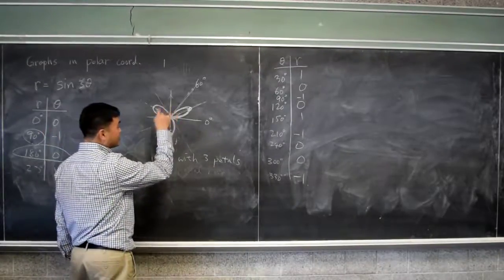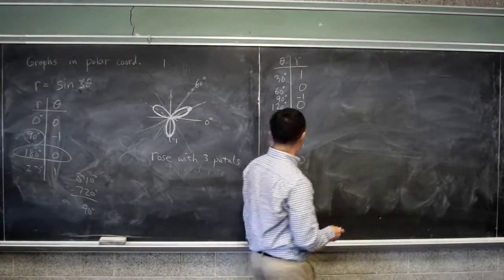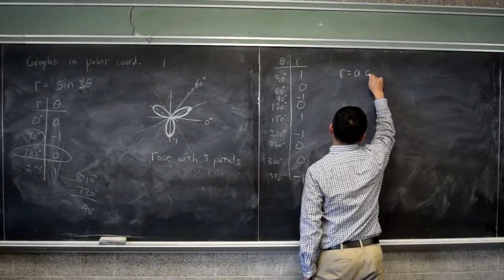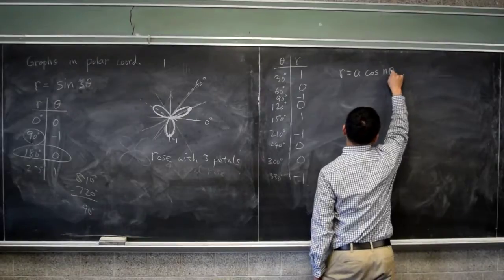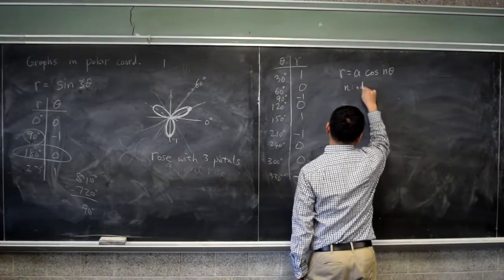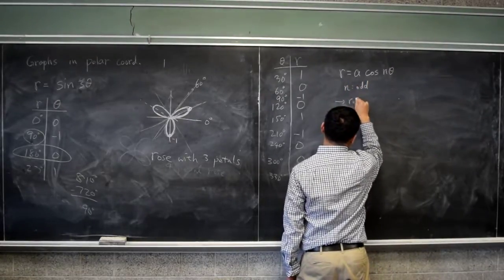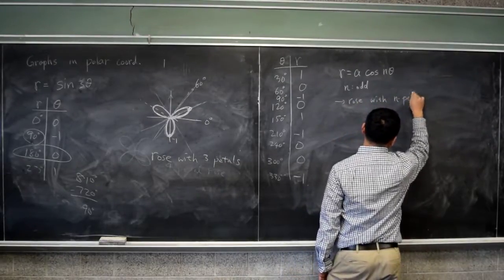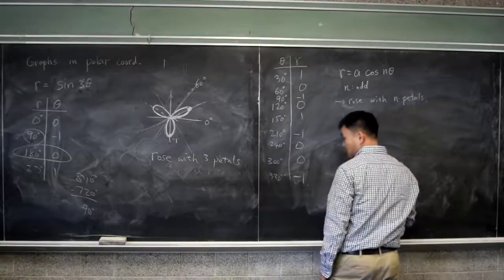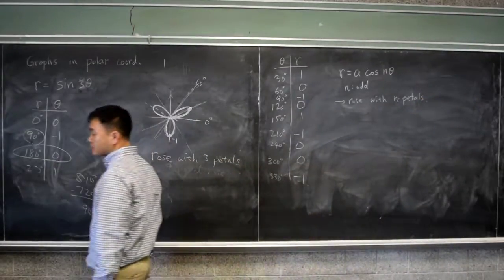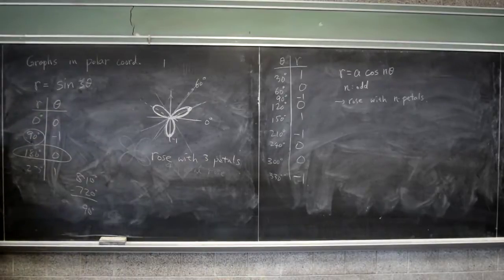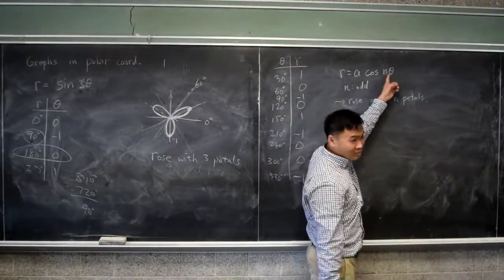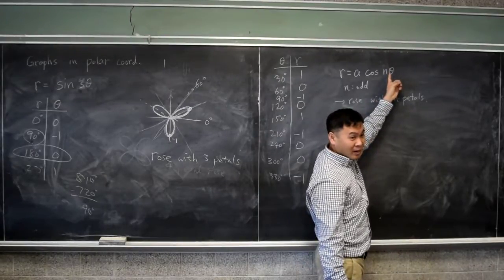So in general, if you have r equals a times cosine or sine of n theta, with n being odd, then you get rows with n petals. So if you want rows with 5 petals, what do you put this n as? 5.